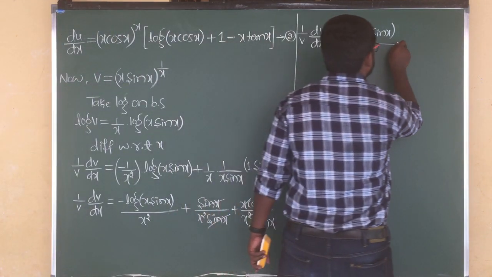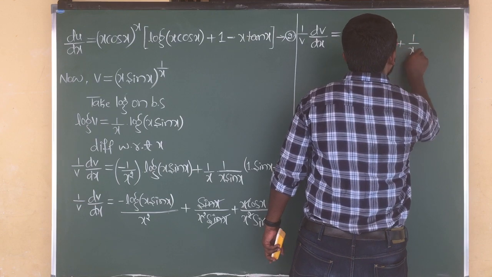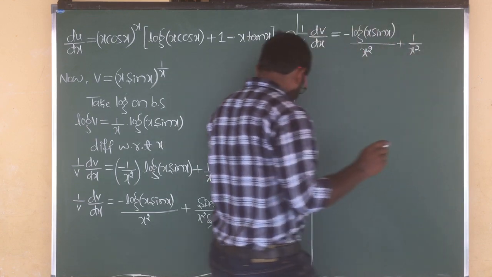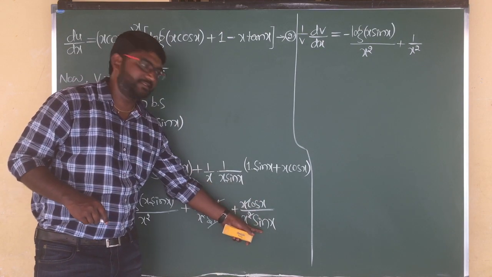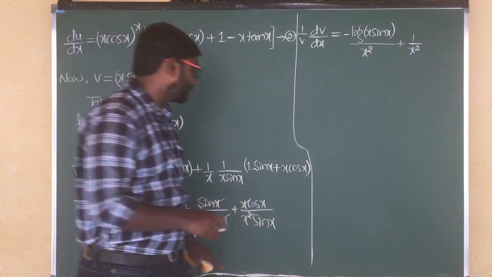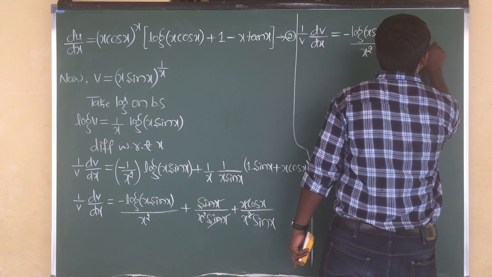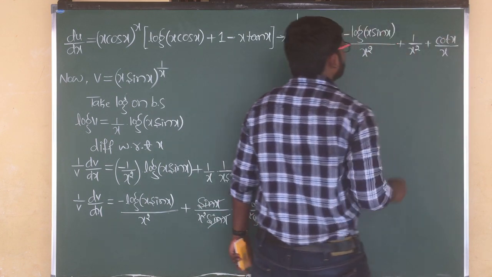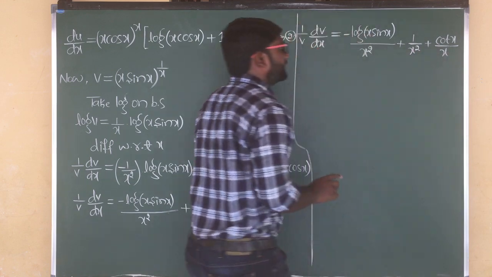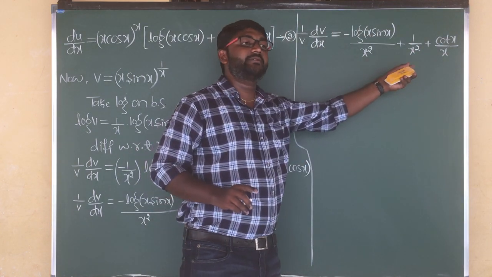Sin x and sin x got cancelled out. So we get 1 by x square, and then plus cos x divided by sin x, which is cot x, and then we have one more x in the denominator. So it is plus cot x divided by x. Now let us take up the LCM of all these three terms. The LCM will be x square.